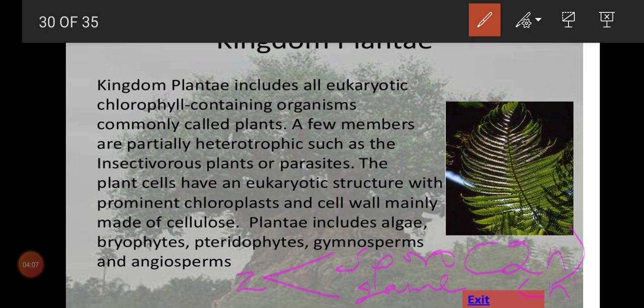Imagine it grows from the seed, which is 2N, and starts to form root, stem, leaf, flower. In every stage it will be 2N. What is 2N? Two sets of chromosomes. At maturity it starts to form flowers, and during flower formation we can see the formation of pollen grains in the male, and in the female the ovary will be ready for fertilization, that is the egg.